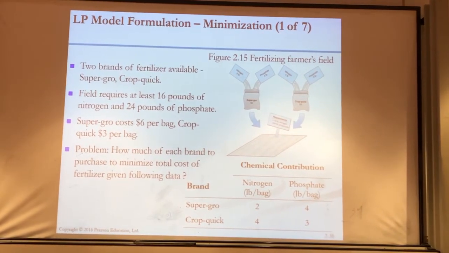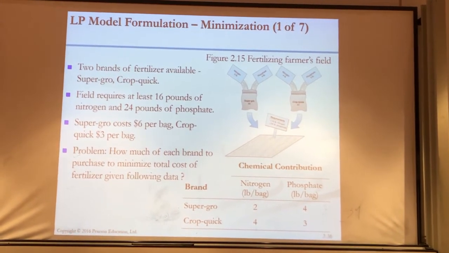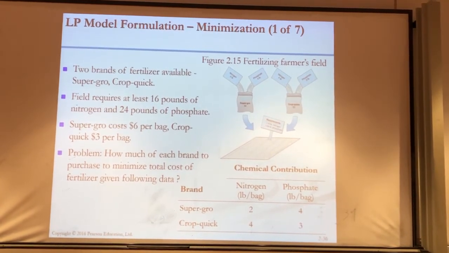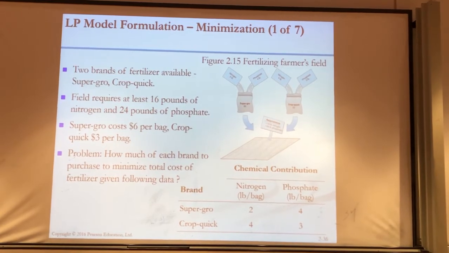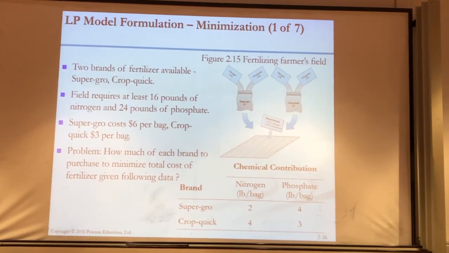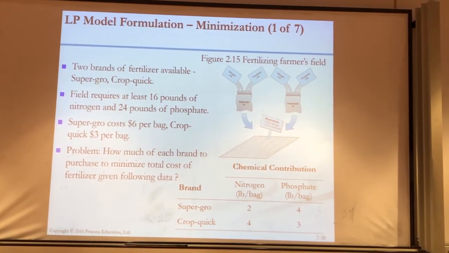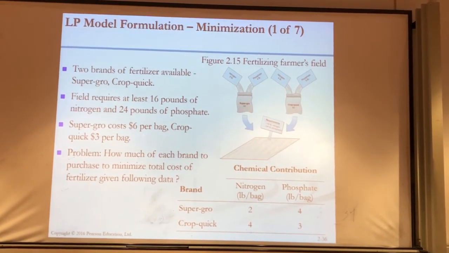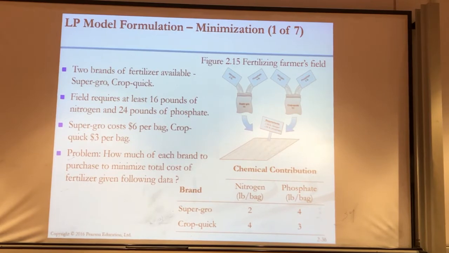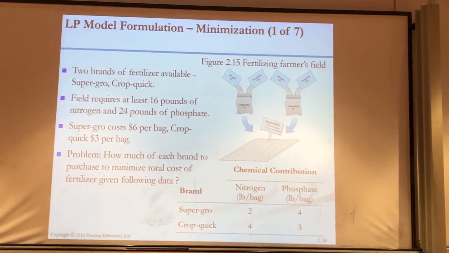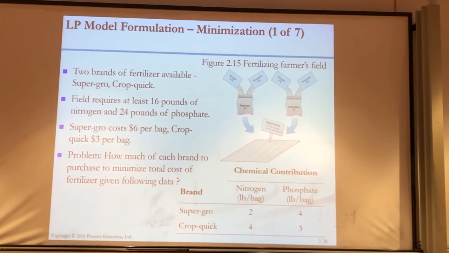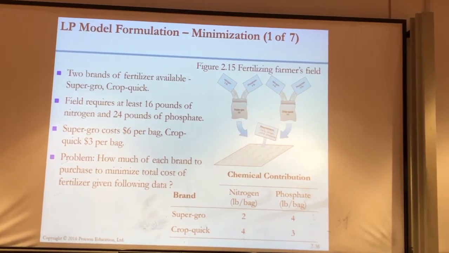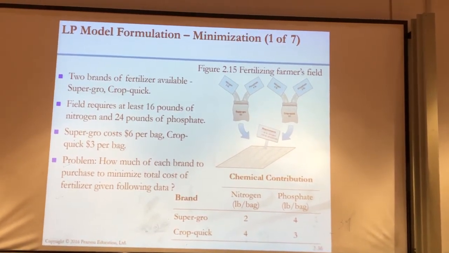So write down the decision variables. Let's say x1 is the number of bags of Super Grow, and x2 is the number of bags of Crop Quick. Then our objective function is minimize z equals 6x1 plus 3x2, subject to two constraints, the nitrogen constraint and the phosphate constraint.